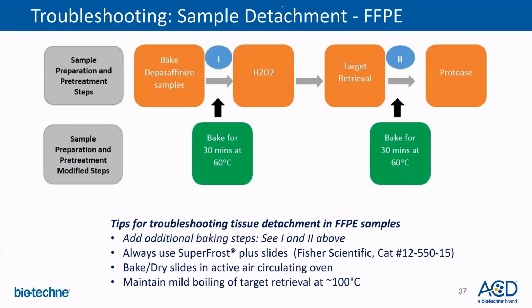Please note that we recommend using Superfrost Plus slides. Please bake or dry the slides in a circulating air oven and maintain a boiling temperature of close to 100 degrees Celsius during the target retrieval.